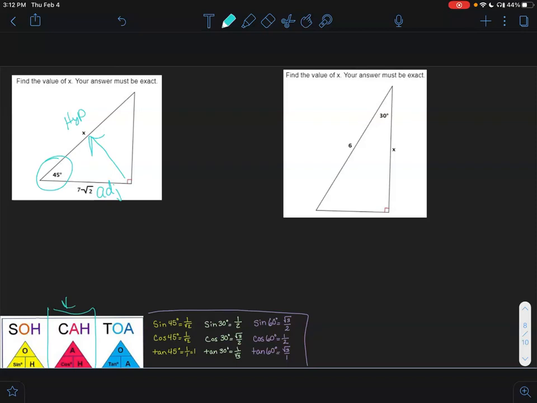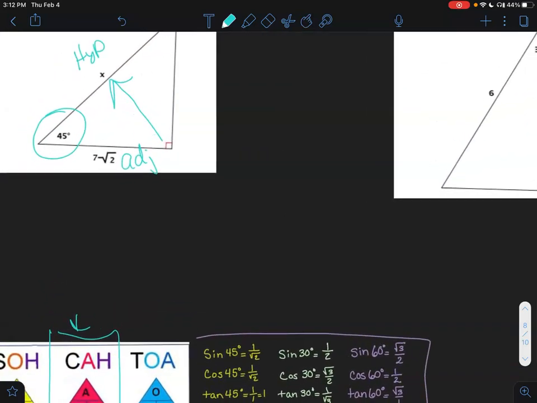So we'll use cosine of 45 degrees, and that's going to equal the adjacent side over the hypotenuse. All right, so again, we can go down to our little chart, and we find that the cosine of 45 degrees is 1 over the square root of 2, equal to 7 square root 2 over x.